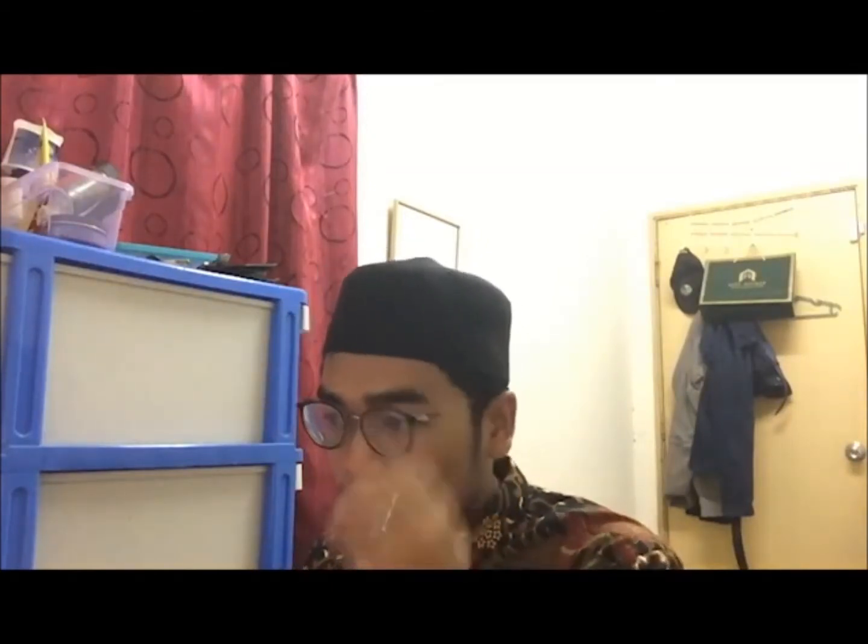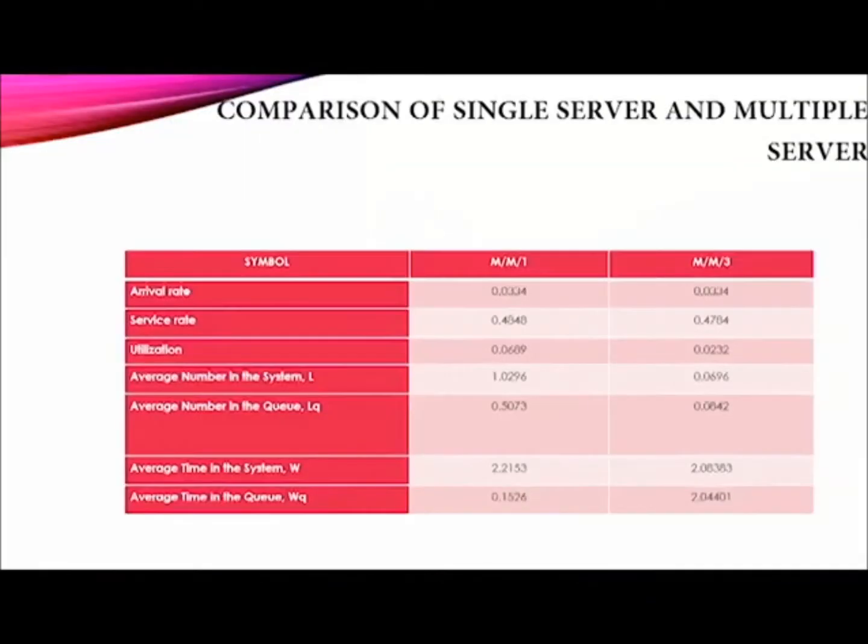since, as I mentioned here, the project has been carried out in 1 day. So if we are given a much longer time, inshallah we can get the data. The same goes for the average time in the system, where we noted 2.1253 milliseconds recorded for M1, while for M3 it is 2.08383.